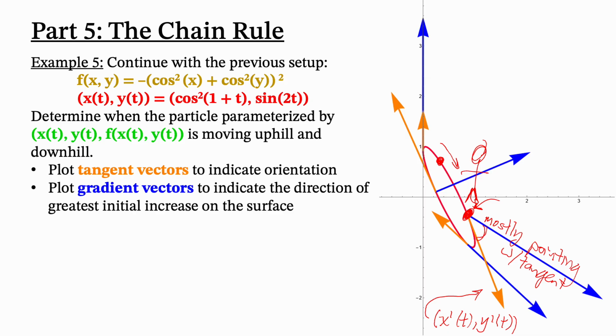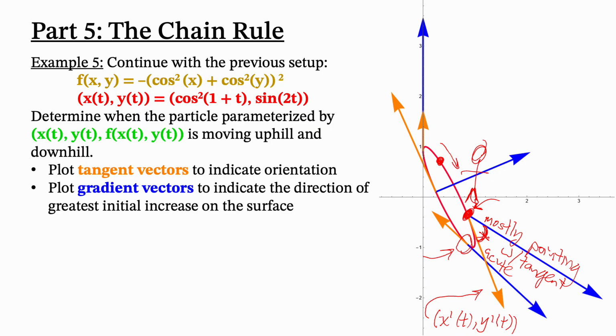And I could figure that out because I have an acute angle between the two. I could see that the gradient vector is not perfectly aligned with the tangent vector, but it's more pointed with the tangent vector than against. So now you would want to stop and ask yourself, are you walking uphill or downhill at that particular point on your hike? And if you're walking more with the gradient vector than against it, you're walking uphill at that point.